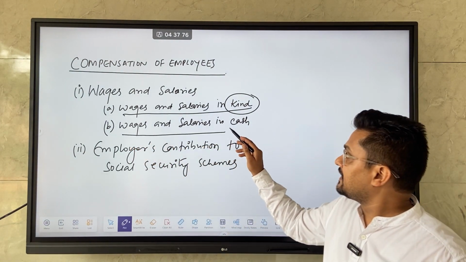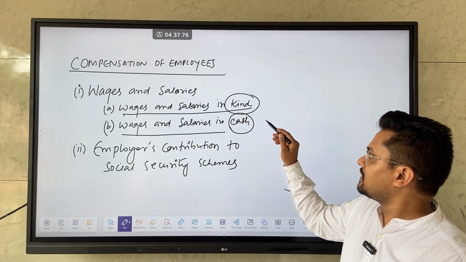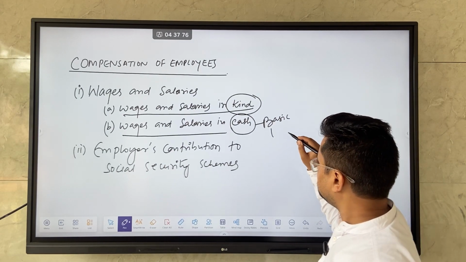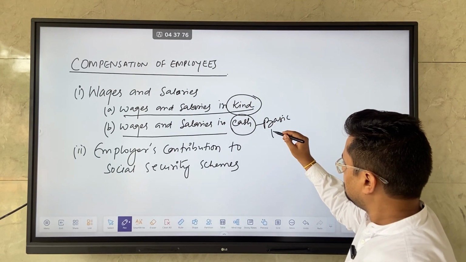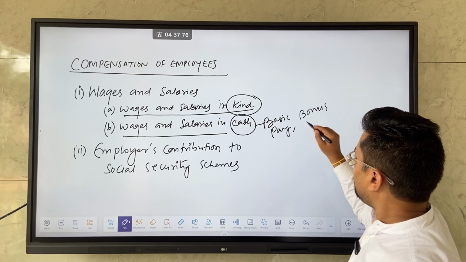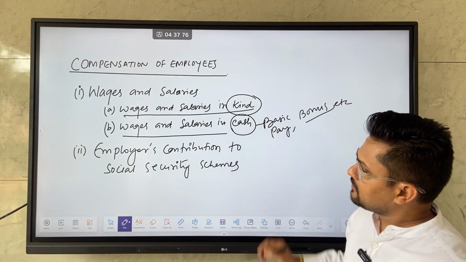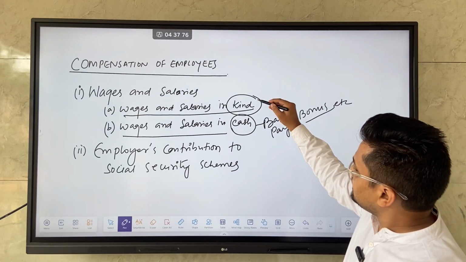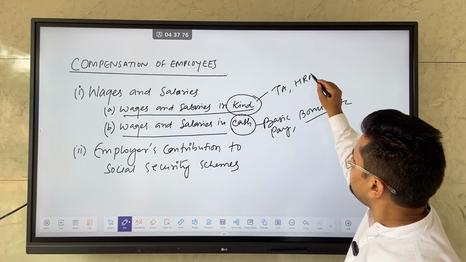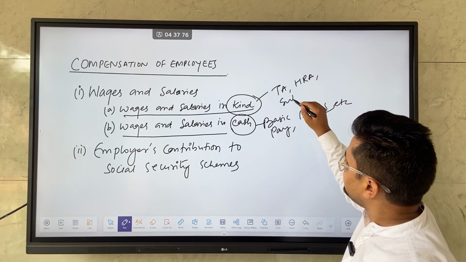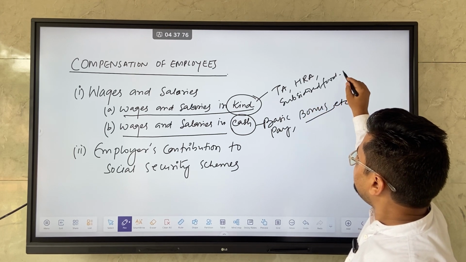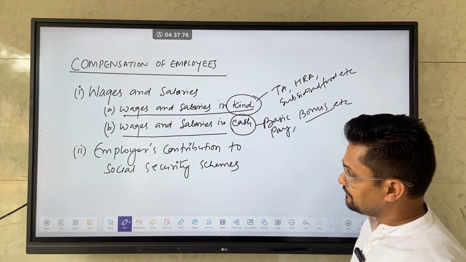Wages and salaries in cash includes basic pay, bonus, etc. Whereas in kind, for example, traveling allowances, medical facility, house rent allowances, subsidized food, etc. All these come under kind.